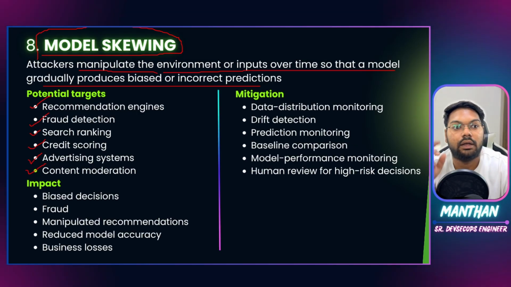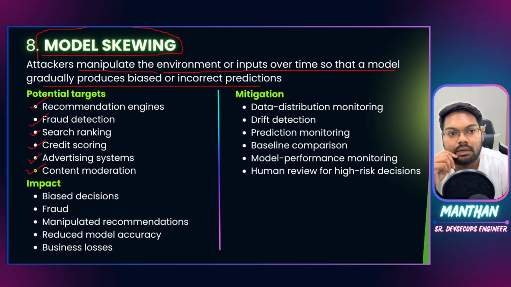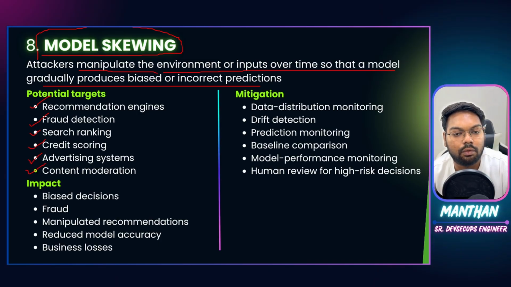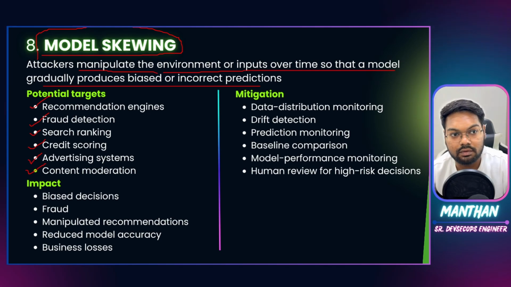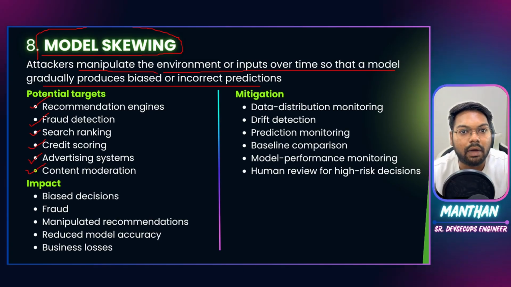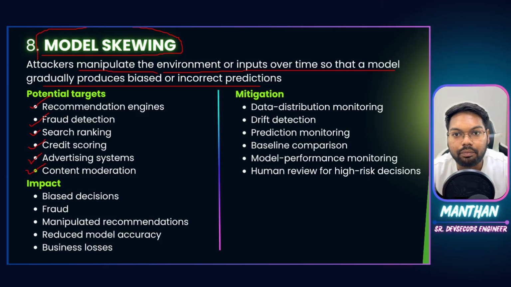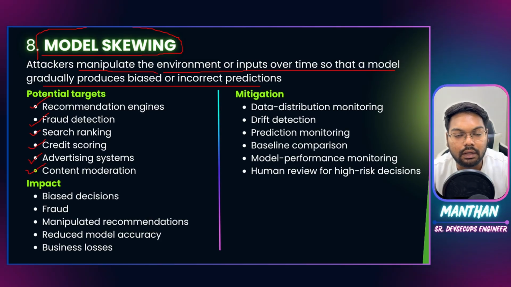So earlier, you remember we discussed a gardening example. A model gives out information like, okay, purchase this fertilizer from this vendor from this website. That is the kind of recommendation it gives, which had been trained by model skewing, or manipulating the model's training data, and then over time it produces that biased information.